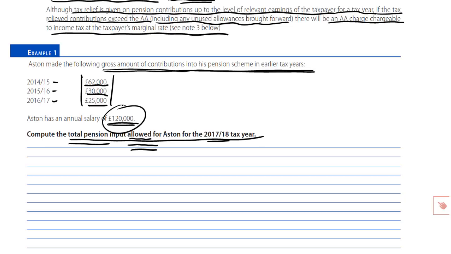When that happens, how do we get the annual allowance charge? How do we work the tax thereon? Okay, look forward therefore to finishing off this chapter with you in our next session together.